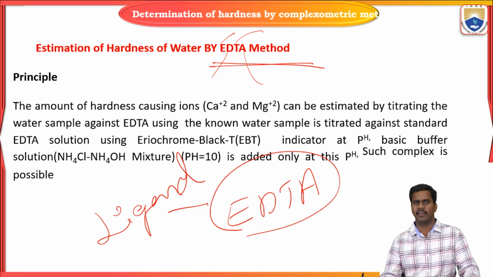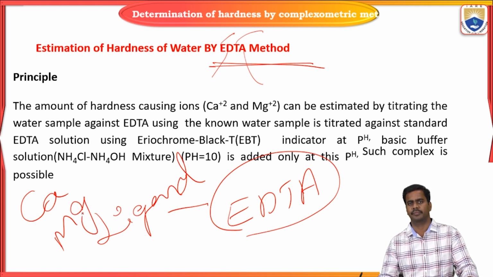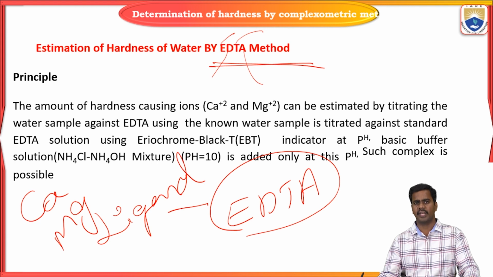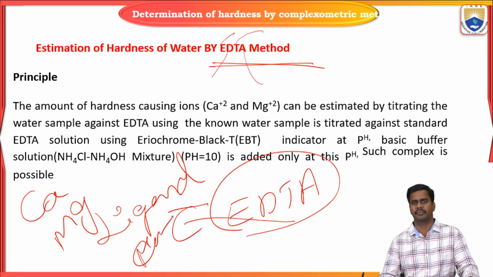By using EDTA, we can catch whatever cations are present in the hard water. There are two types of cations present in hard water, calcium and magnesium. So here a complex will be formed during transfer of electrons from EDTA to metals. EDTA to metals forms coordinate covalent bond.